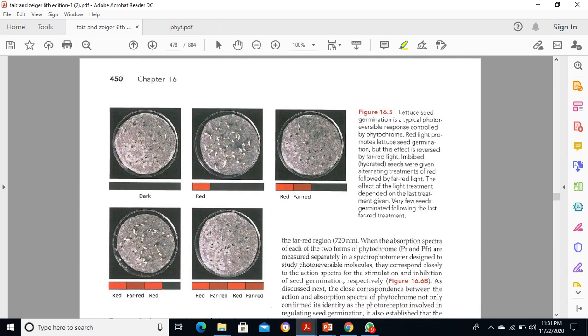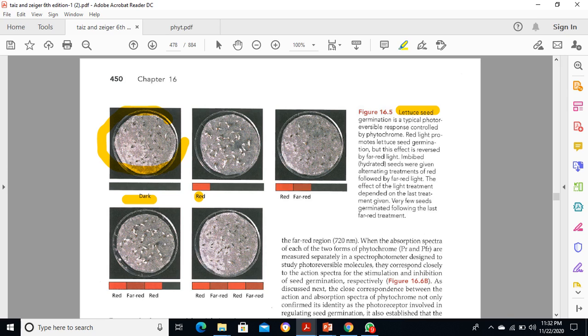Now, see, this is an experiment. I think this was asked a few years back. One CSIR question was asked here. Here you can see the seeds are placed in dark, so there is no seed germination. Okay. Now when the seeds are given red light, there is seed germination.